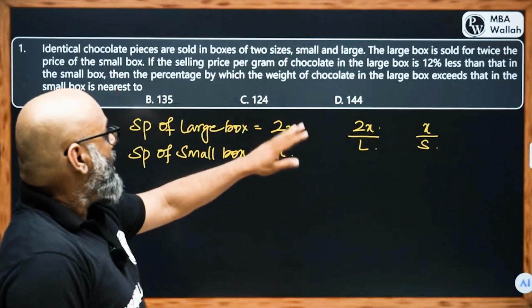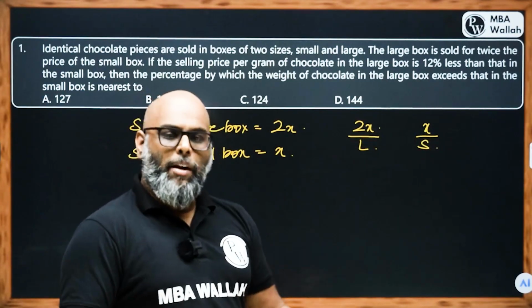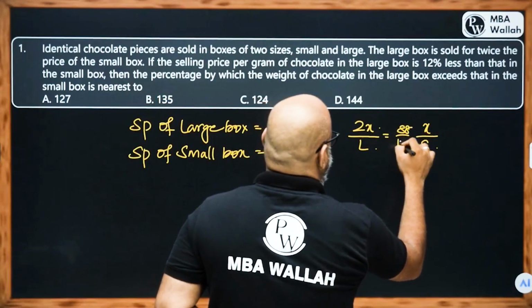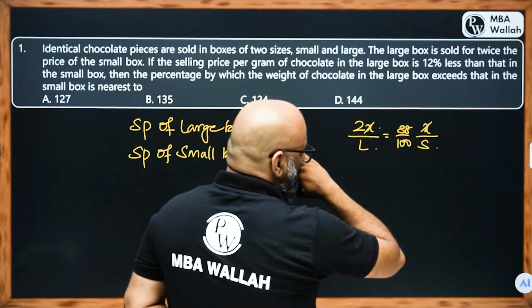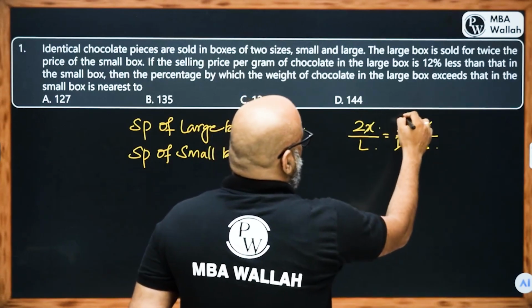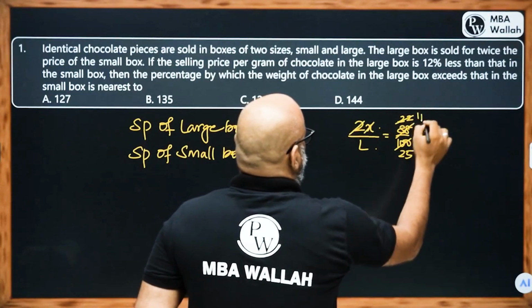It is said that the large is 12% lesser than the small, which is 88% of the value. So this will be equal to 88 by 100. So we can simplify this. x and x get cancelled. 88 and 100 go well 22 times and 25 times. This goes well 11 times.